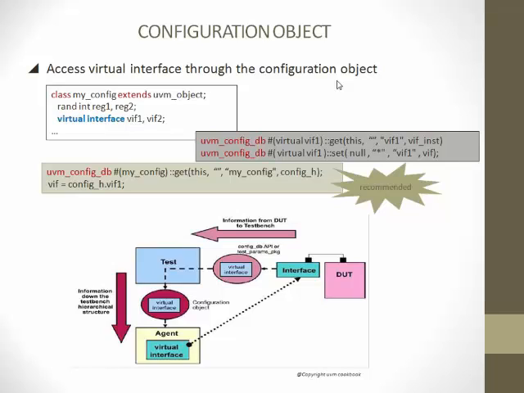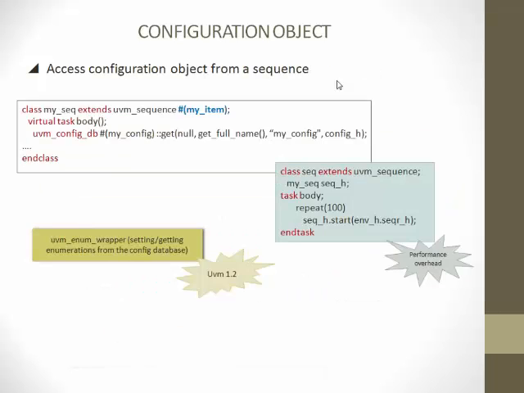Now, within the corresponding agent or the driver, you will just get the configuration object and get access to all these parameters. So this is one thing which you need to follow when you're really setting the virtual interface within the configuration object.